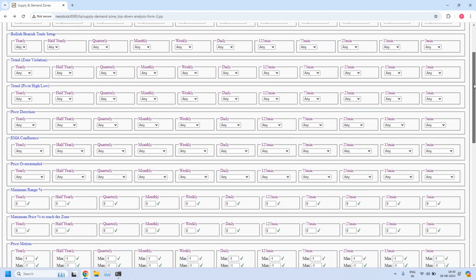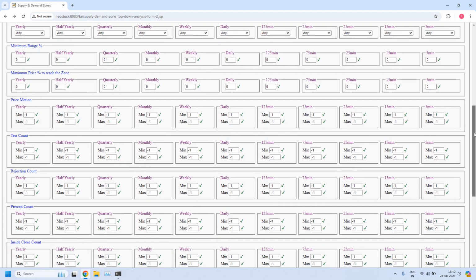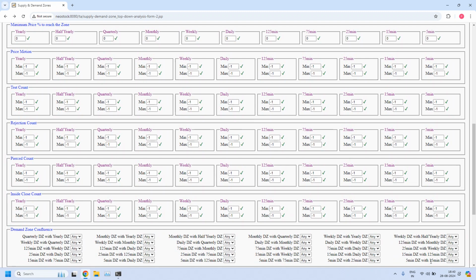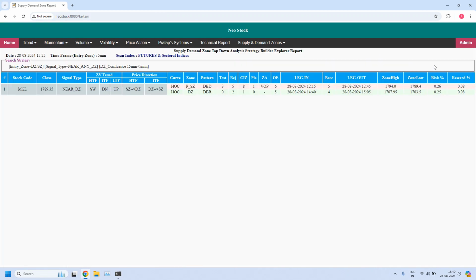That is 5 minutes demand zone with 15 minutes demand zone confluence. So only 1 stock is filtered. And this is high on the curve, so probably it won't be having LTF confluence.